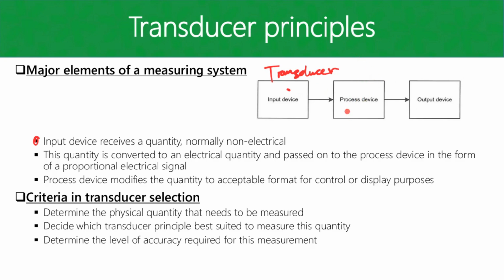Our process device would usually be something like an amplifier or any form of signal modifying device. It can be a digital to analog converter, analog to digital converter, or it can even be a differentiator, a filter circuit, or anything that you do to change the signal from your input device.